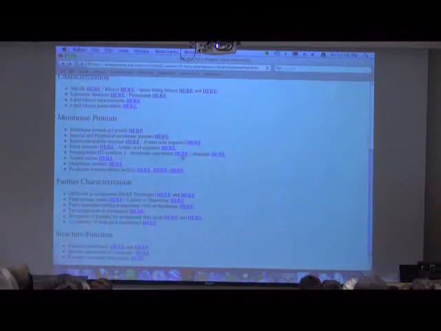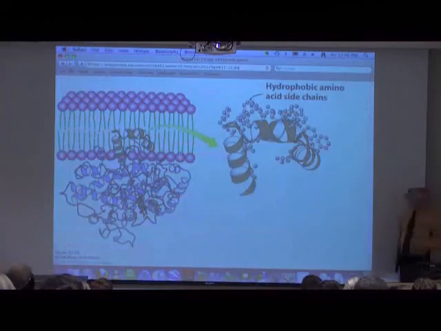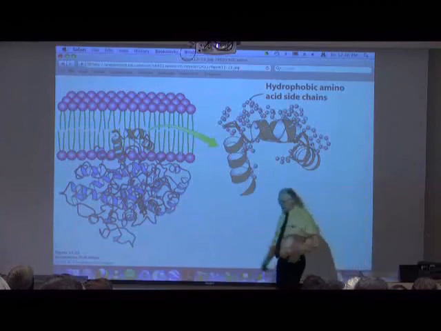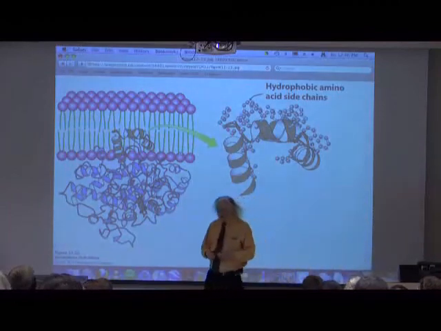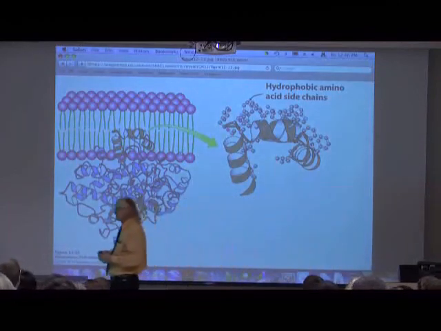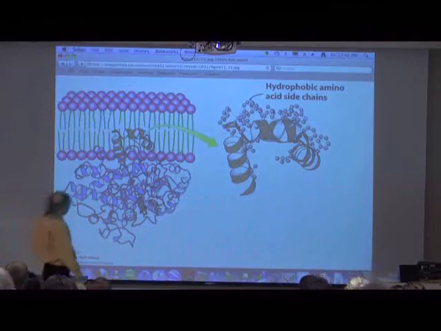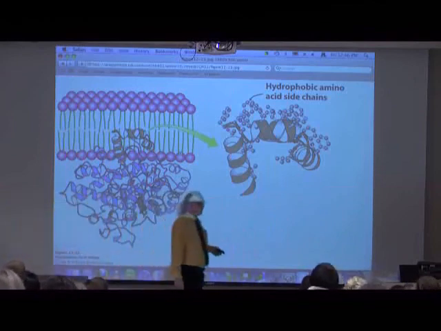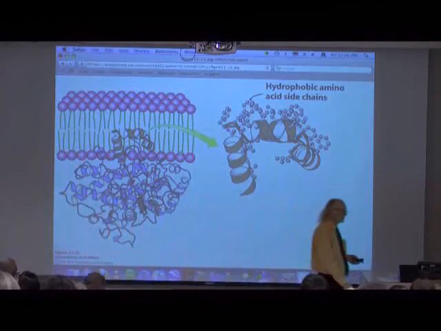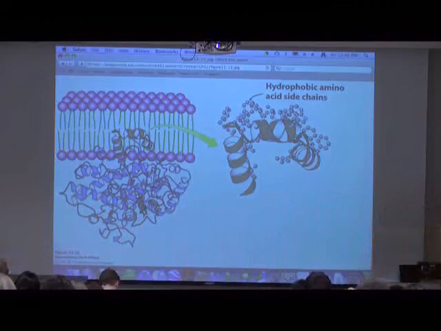Now, prostaglandins. Megan asked me about prostaglandins, about arachidonic acid. Prostaglandins are made inside of cells, and again, we'll talk about this later in the term, so we'll actually deal with their metabolism later. But schematically, prostaglandins are made by an enzyme called prostaglandin synthase. And there are several of these.